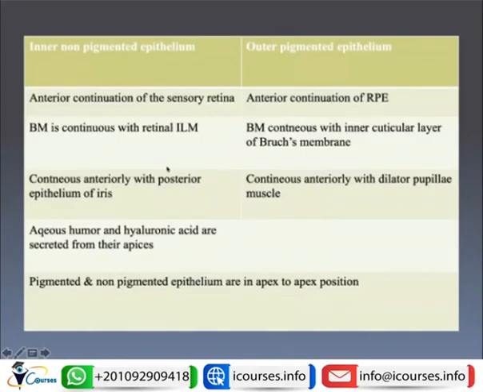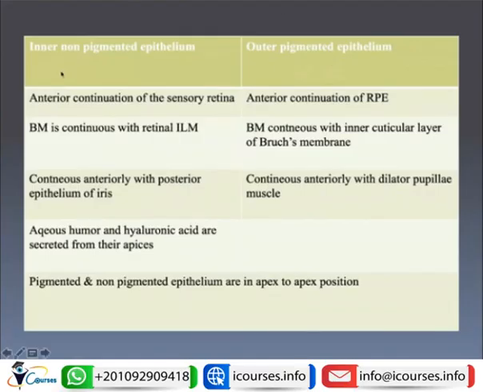The difference between the inner non-pigmented and the outer pigmented is that the inner non-pigmented epithelium is the anterior continuation of the neurosensory retina, while the outer pigment epithelium is the continuation of the retinal pigment epithelium. So remember that the pigmented layer of the retina will be continuous with the pigmented layer of the ciliary body.